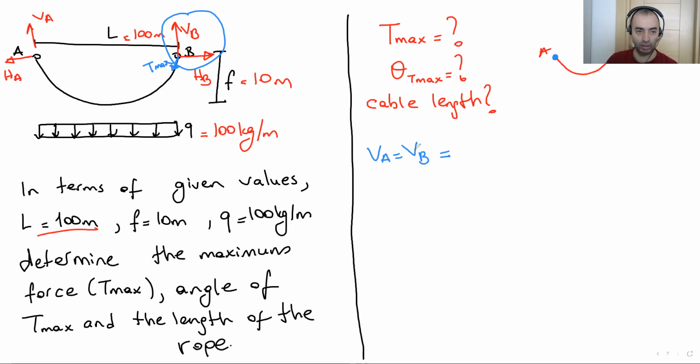The support reaction Q, by the way, remember how we convert this to a point load: Q times L, we calculate the area. 100 kilograms times L is 100.